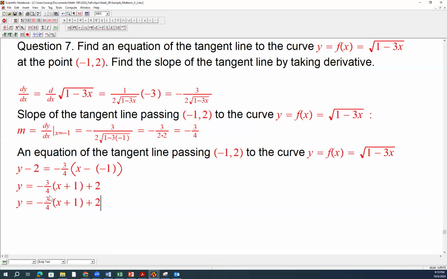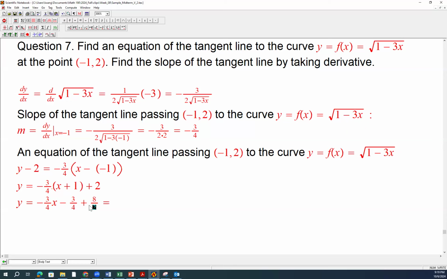Multiply negative 3/4 with x and the negative 3/4 with 1, that's going to be minus that, and plus 2. What do we get by these? So 2 is 8 over 4.